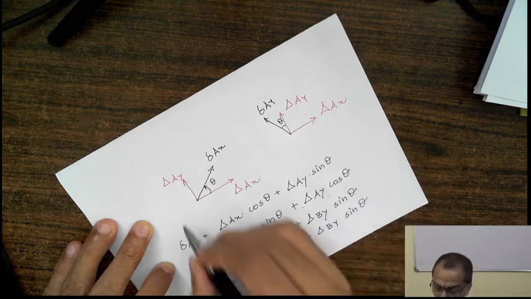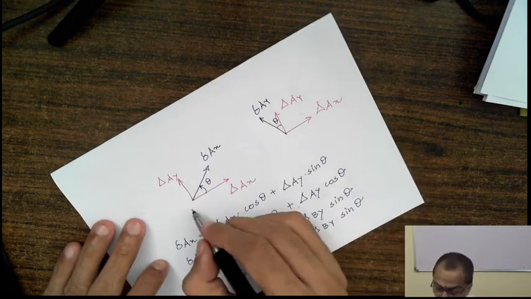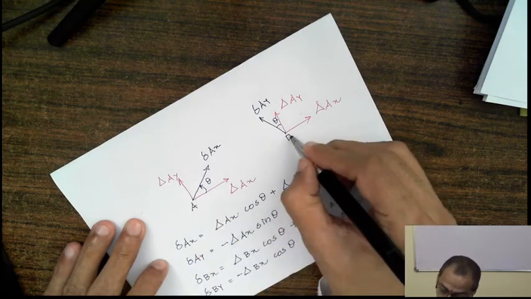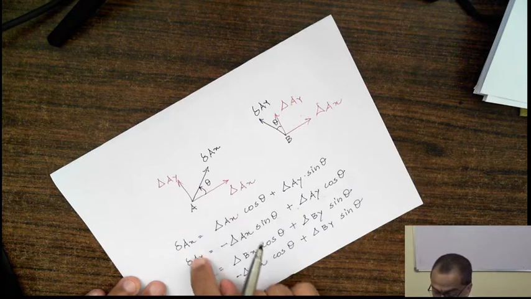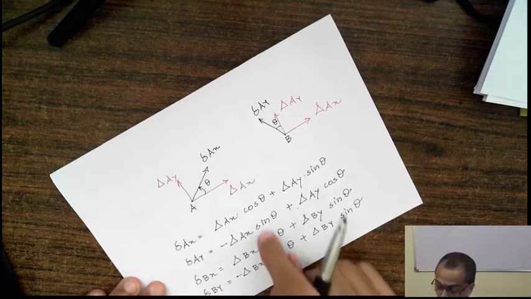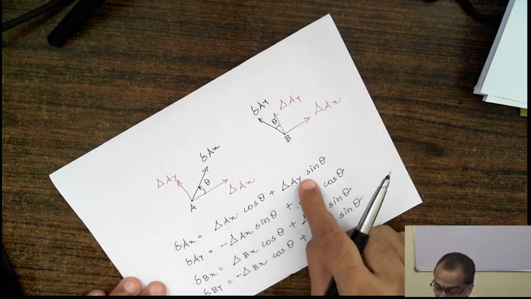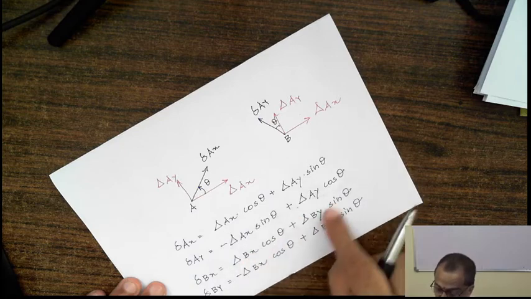We can apply the same thing at joint B, only the name of the joint will change from A to B, and the rest of the things will be the same. So we have obtained these local displacements in terms of global displacements.